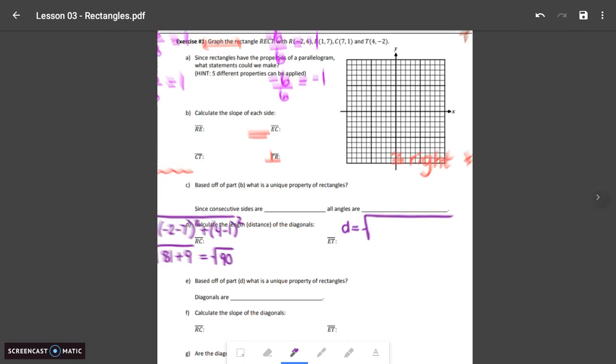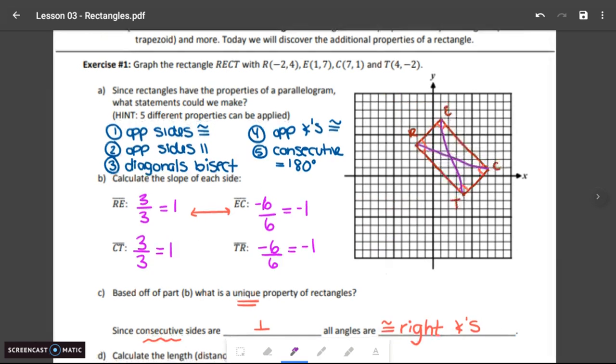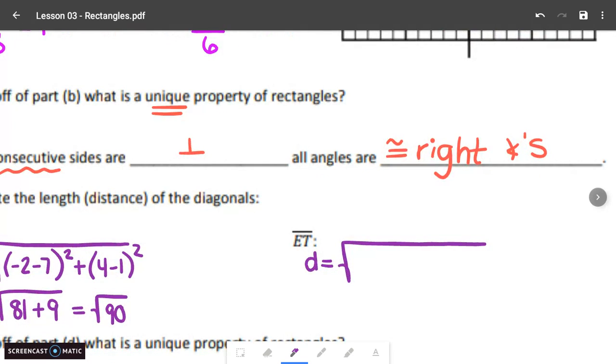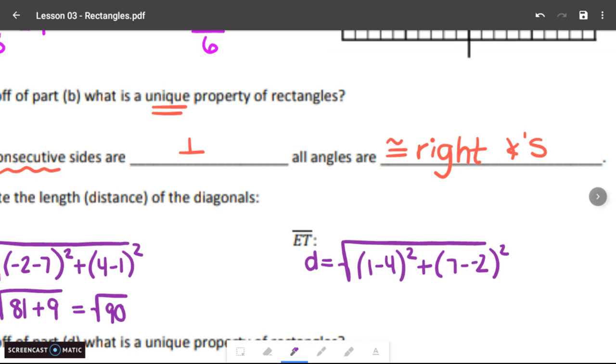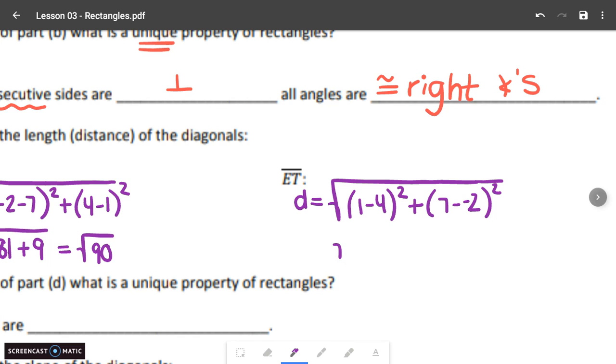But we want to repeat the process for the points ET now. So we're using the point with 1 and 4. So 1 subtract 4 squared plus 7 subtract a -2 squared. So we use the points specifically from E and T in this case. And we're going to simplify this up a bit.